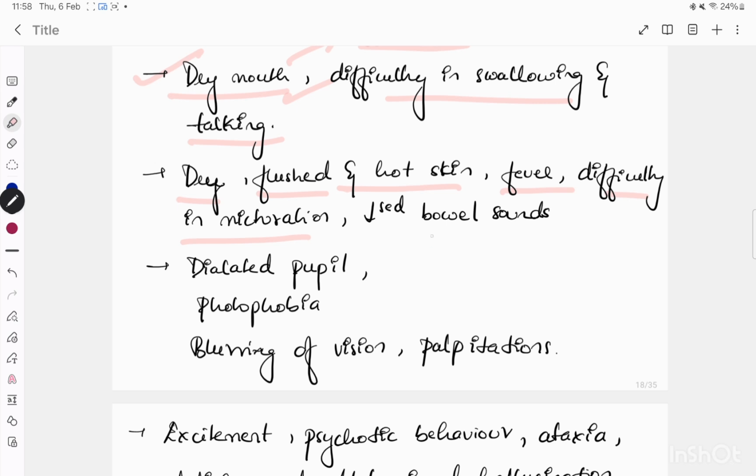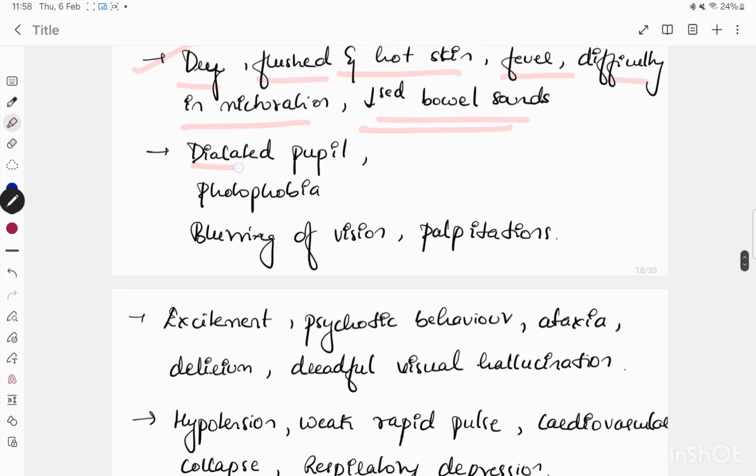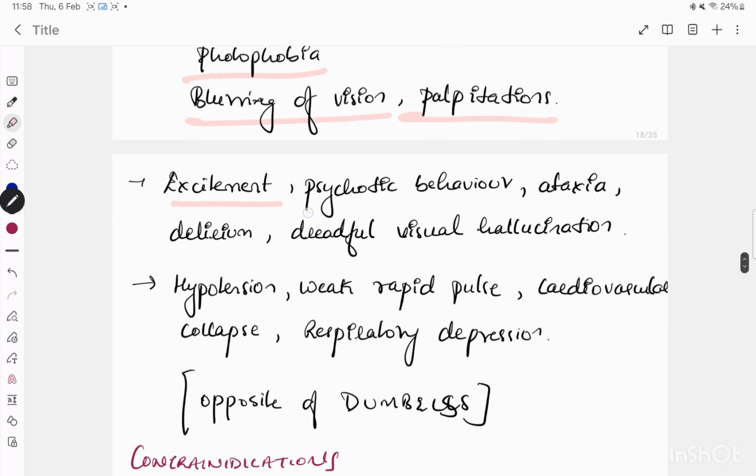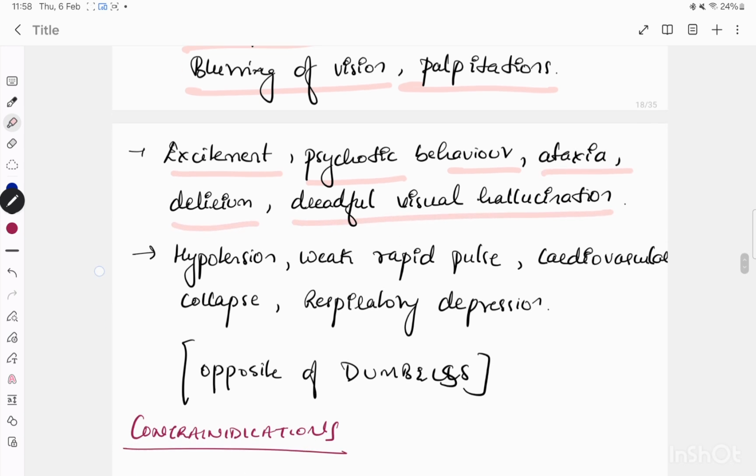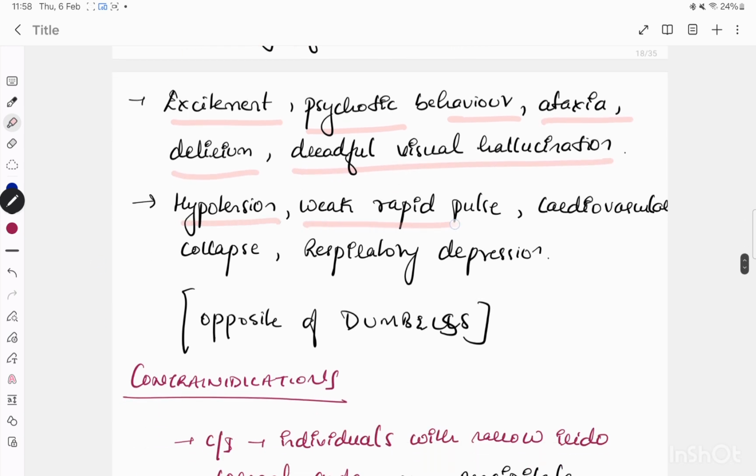Difficulty in micturition. There will be decreased bowel sounds. There will be a dilated pupil, photophobia, blurring of vision, palpitation, excitement, psychotic behavior, ataxia, delirium, dreadful visual hallucination, hypotension, weak rapid pulses, cardiovascular collapse, respiratory depression.